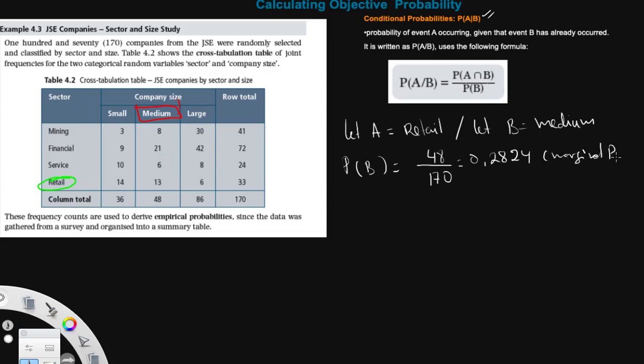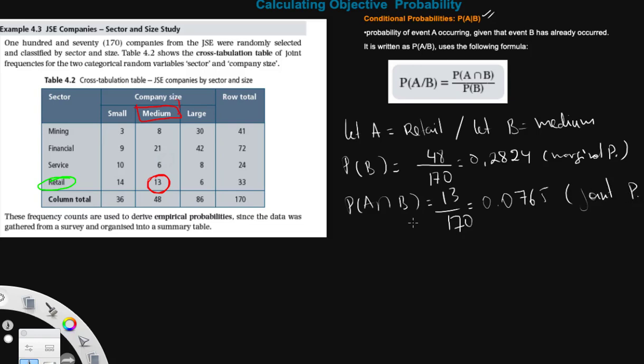And for A and B here, we look at the intersection here, and from here then we should have 13 over 170, which should be equal to 0.0765. If you remember, this is an example of a joint probability.